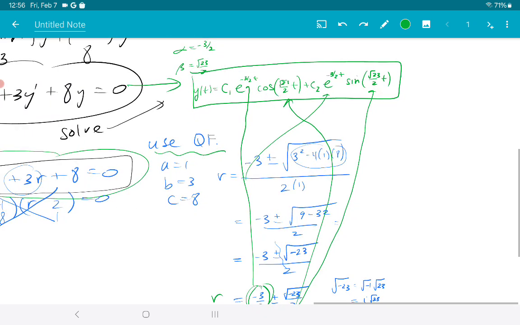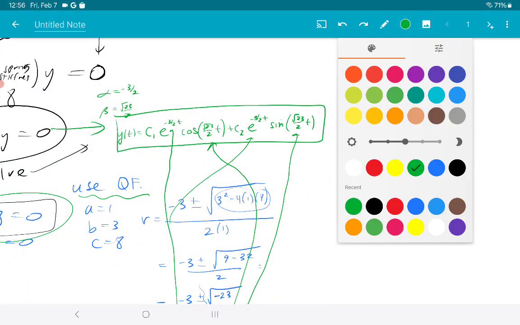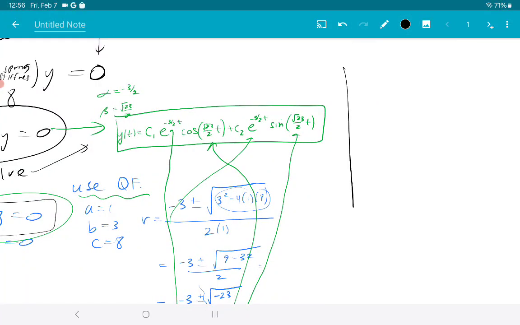If you want to know where that comes from, I'll show you real quick. So last time we talked about how e to the ix could be written as cosine of x plus i sine of x.